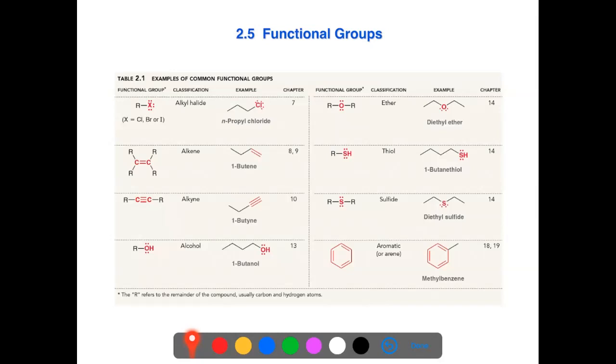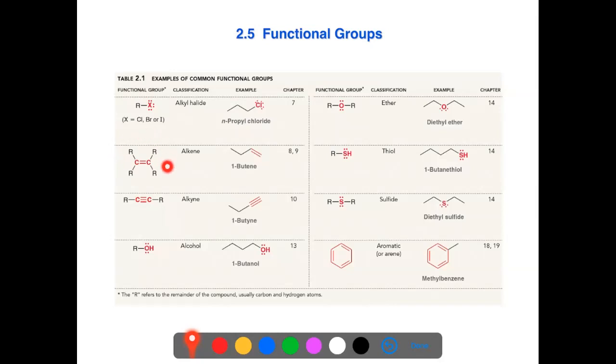So when we see a carbon backbone and a substituent or a group such as the halogen attached to it, we would classify that compound as an alkyl halide. And here's a typical example of 1-chloropropane.